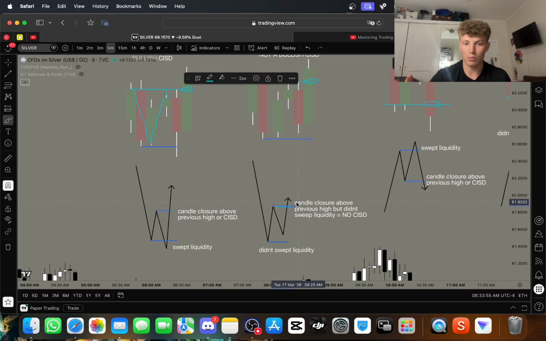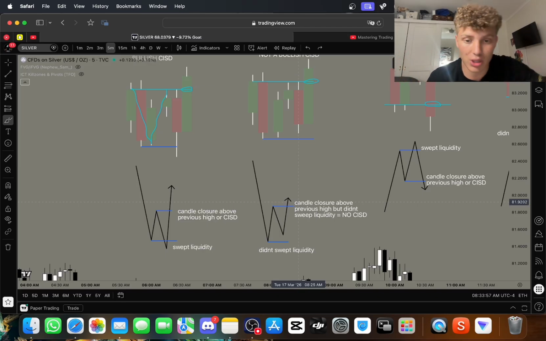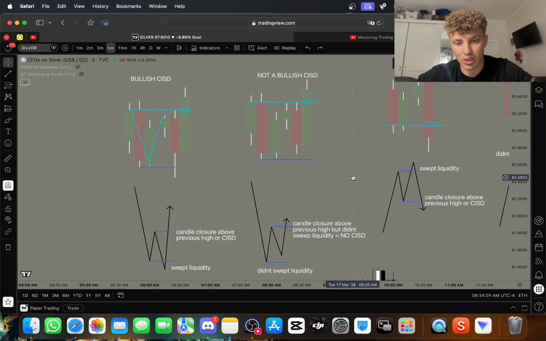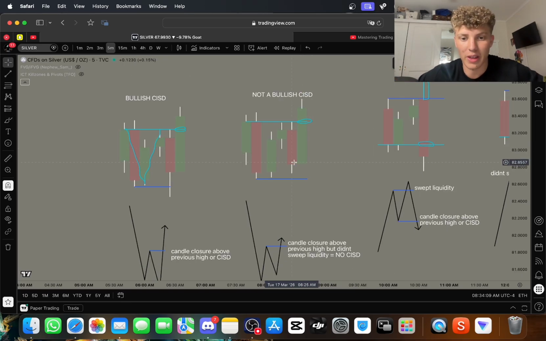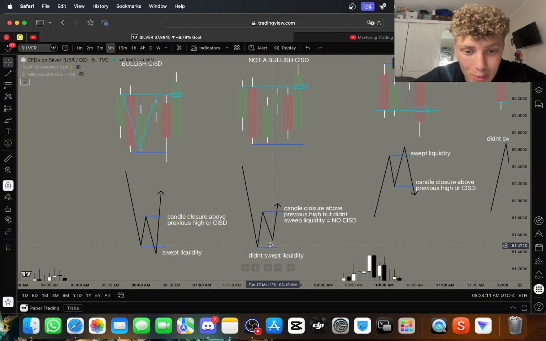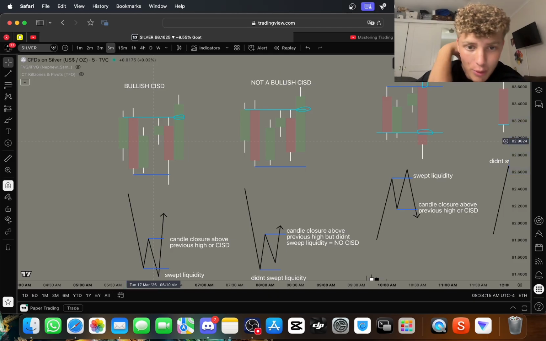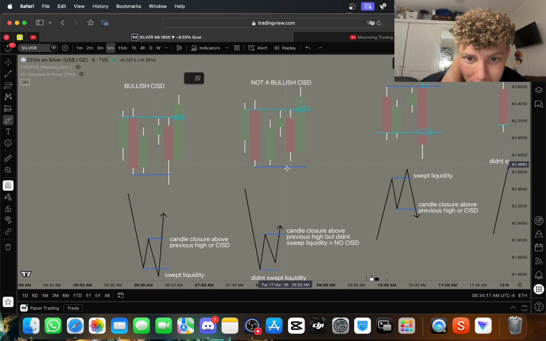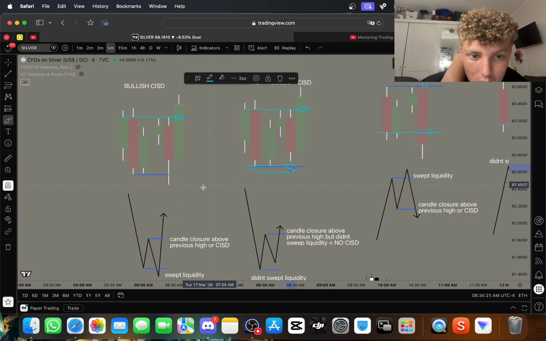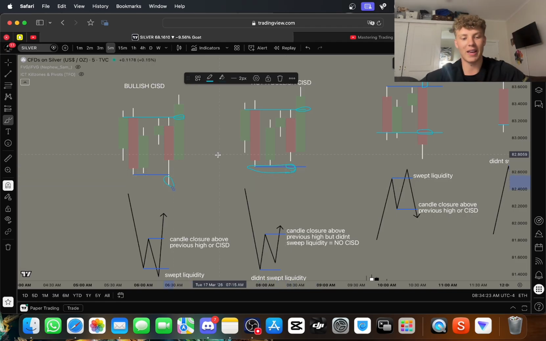That's just the market moving the way it wants to move. It's not a confluence or anything that I personally use. So that's not a bullish CISD. Hopefully that's somewhat easy to understand. As you can see over here, we did not sweep this previous low liquidity here, but here we did, making that a CISD.